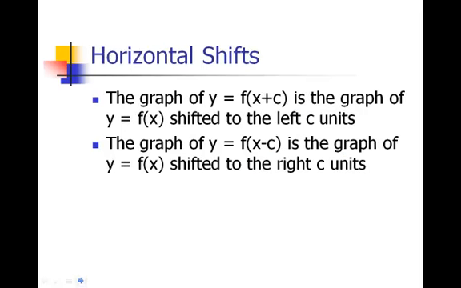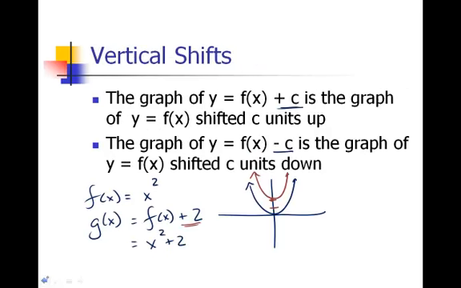Horizontal shifts. If we add a value inside of the function, this is a little bit harder to see, but we've done this before as well. Or if we subtract a number, this graph shifts to the left or right. This is what we would have called our HK shifts.